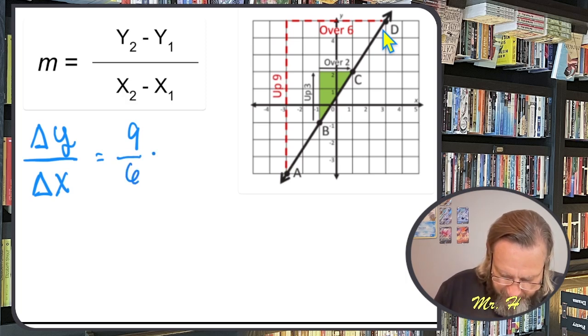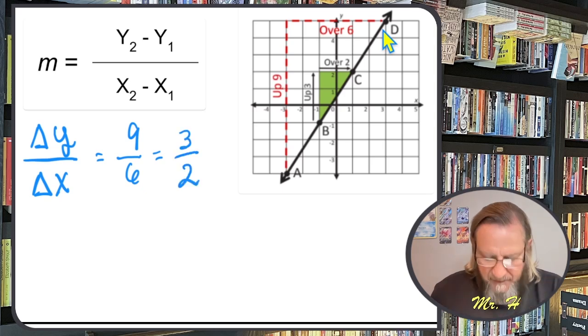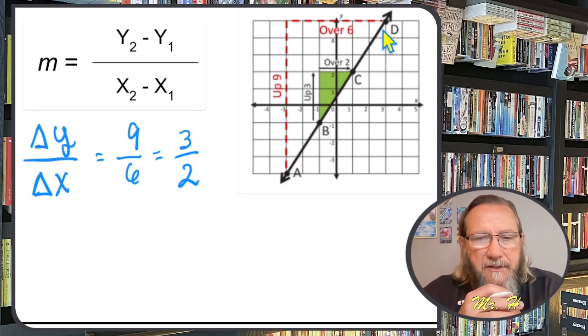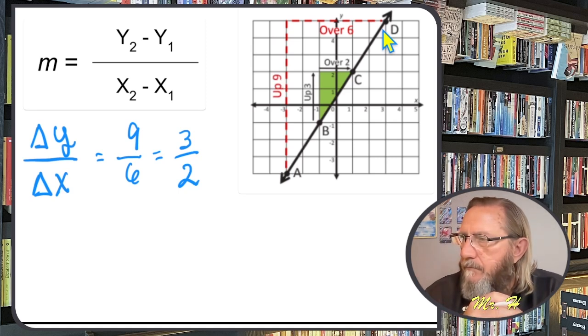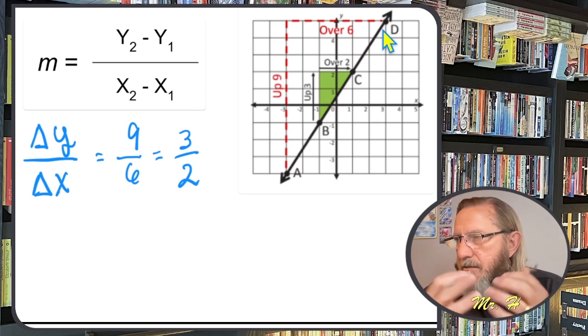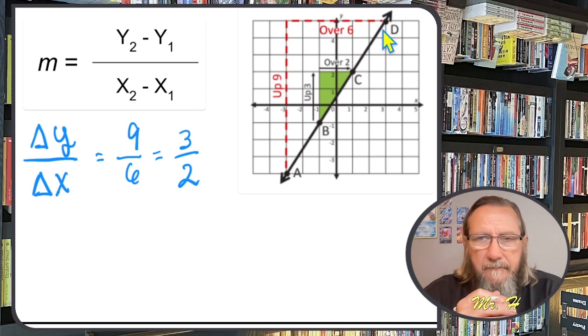Now that is a fraction that does reduce to 3 over 2 because 9 and 6 both divide by 3. Consequently, the rate of change for this guy is going to be 3 over 2. Makes sense? Now, what if you didn't pick points A and D? What if you picked points A and C?